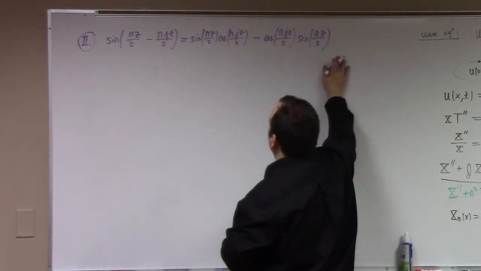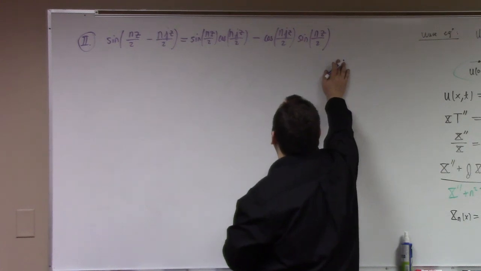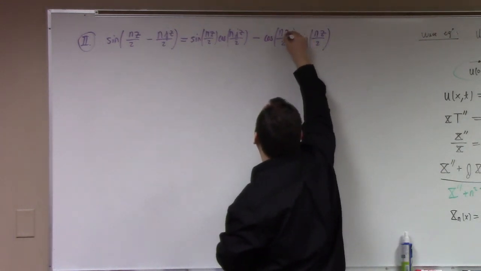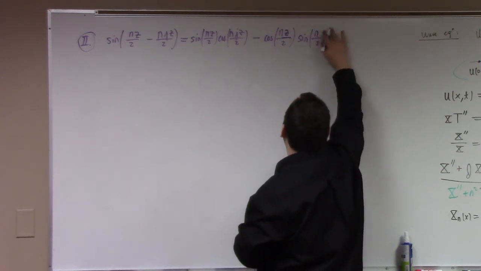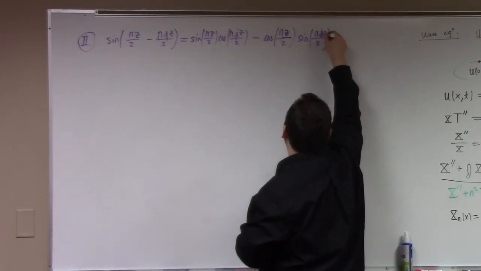I might have butchered that. Just give me a second here. That's supposed to be nz, yeah. I should keep the arguments the same if I'm going to flip the sine and the cosine, right? Anyway, there, I did it.